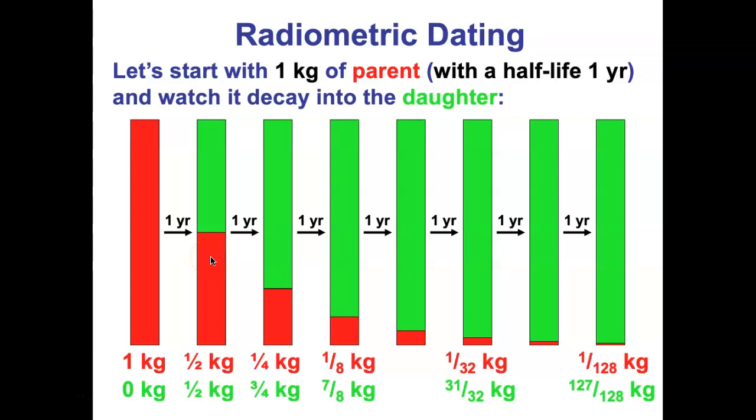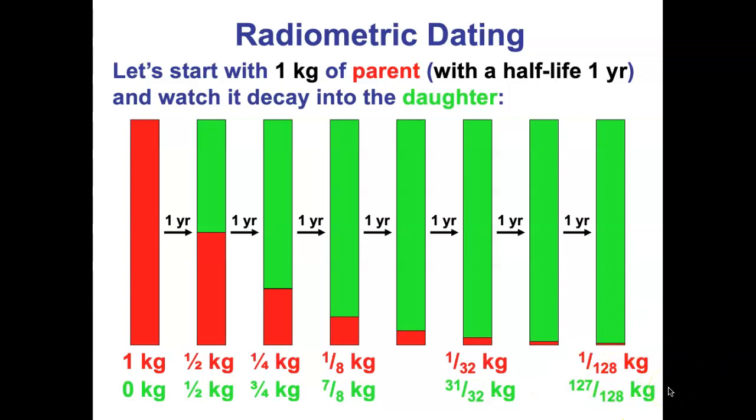This is how we find the ages of these rocks. Because this is an exponential decay, it takes many, many half-lives. And even after many half-lives, you're still going to be left with some tiny fraction of those parents.